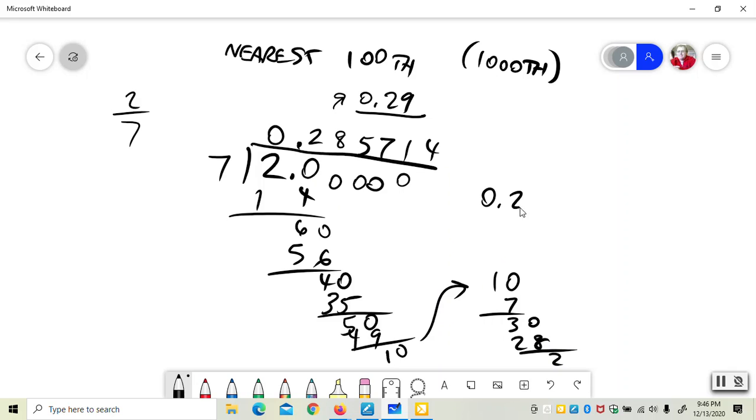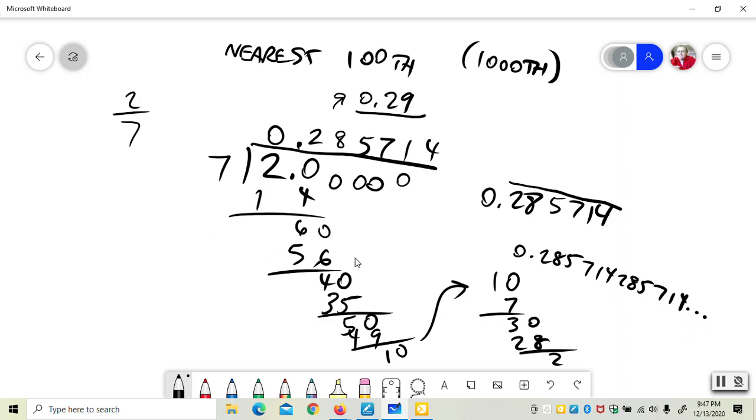So if I were using bar notation over this, it goes 1, 2, 3, 4, 5, 6 digits, and the bar goes over the whole thing because the whole thing repeats: 2, 8, 5, 7, 1, 4, 2, 8, 5, 7, 1, 4, dot, dot, dot.